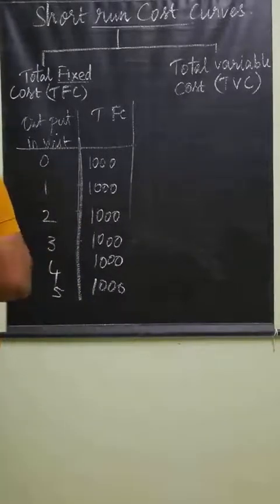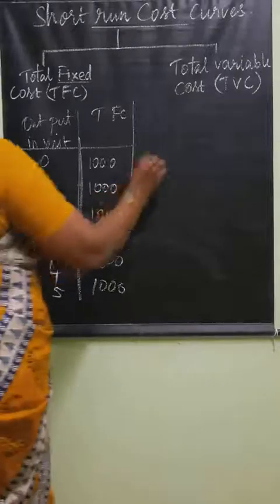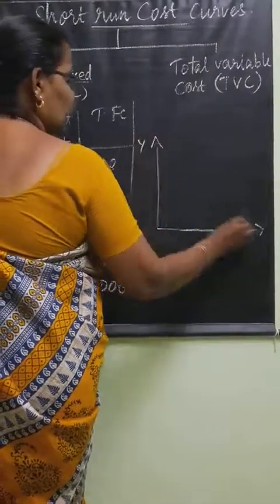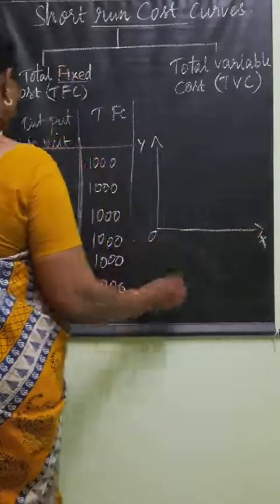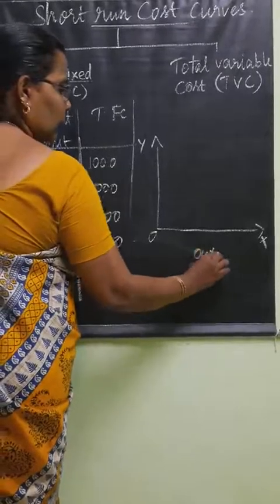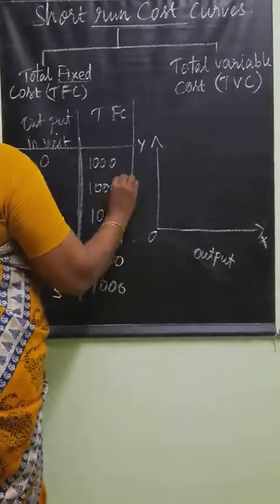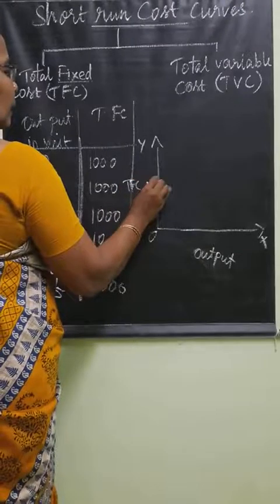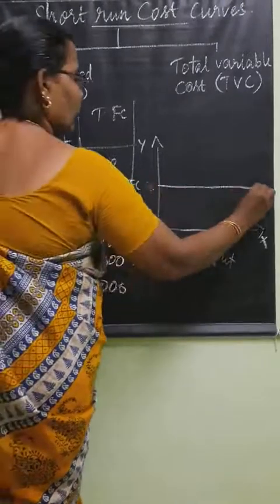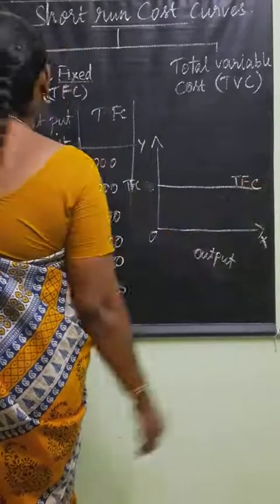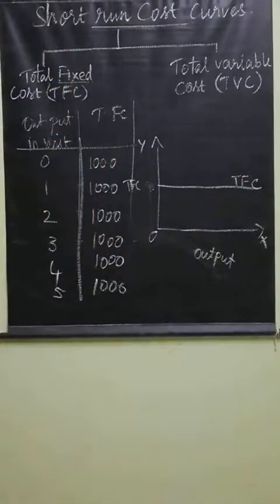So how will be the curve of the fixed cost? If you draw it in a diagram, it will be parallel to the x-axis, isn't it?